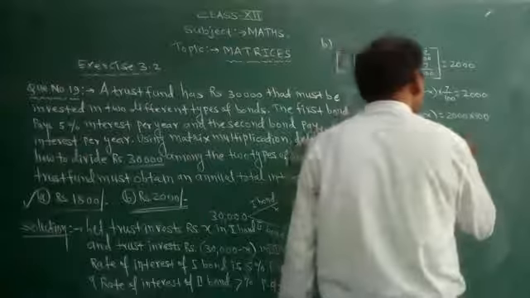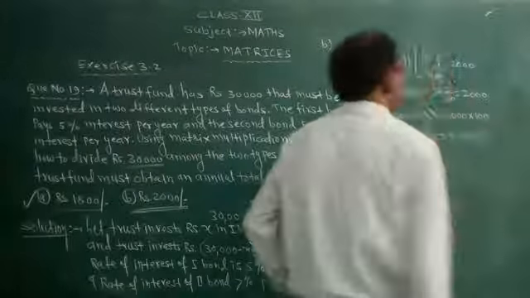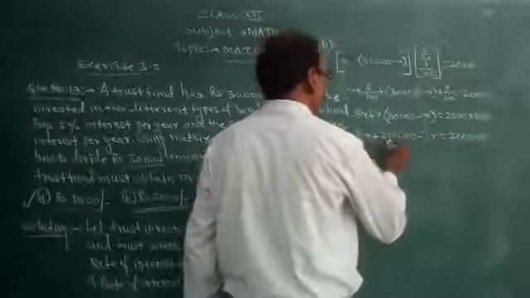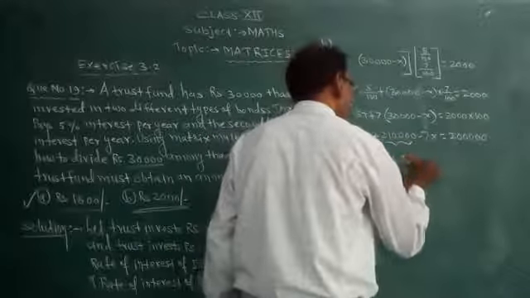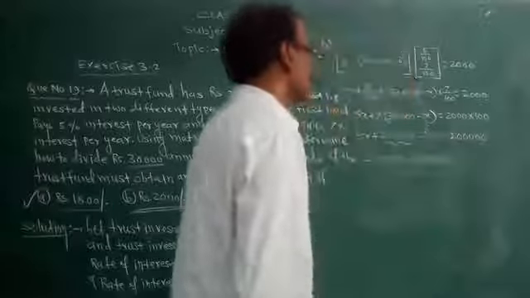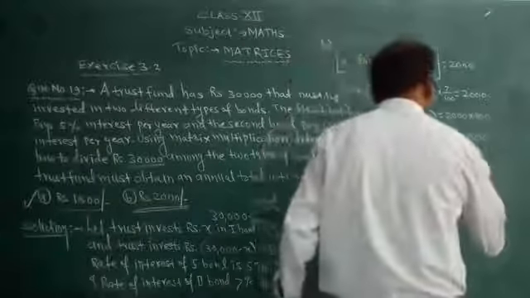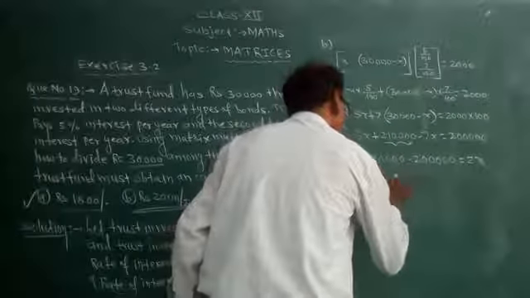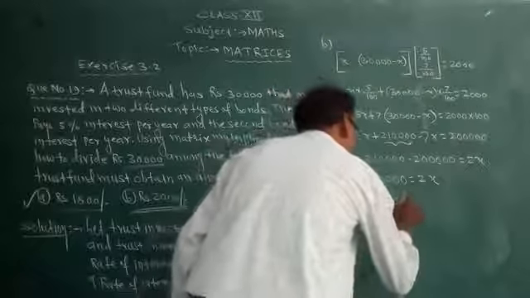This is equals to 2 lakh. Therefore, you transfer that amount: 2,10,000 minus 2 lakh equals to 7x minus 5x equals to 2x. So this is 10,000 equal to 2x.